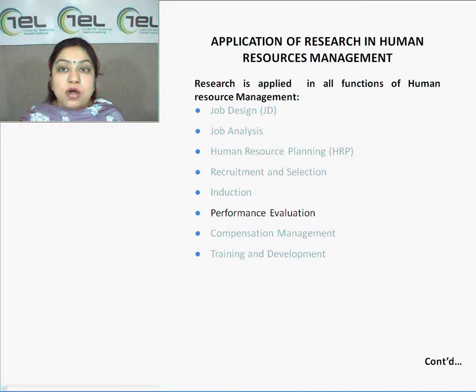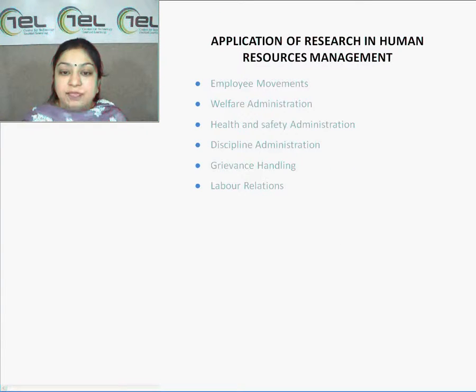In case you want to pay compensation to the management, you have training and development in case you are providing it to the employees. In that case also you require research to be done. All these areas require in-depth research so that you can take decisions more effectively and efficiently.